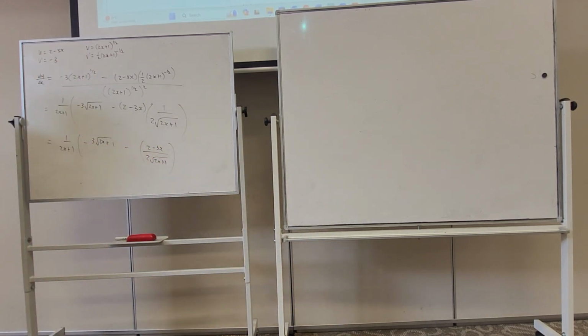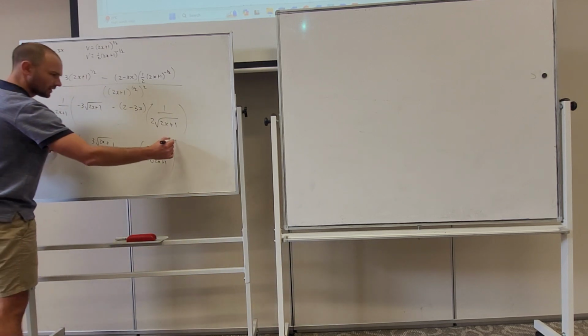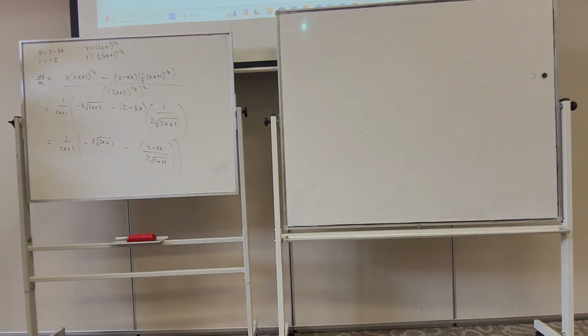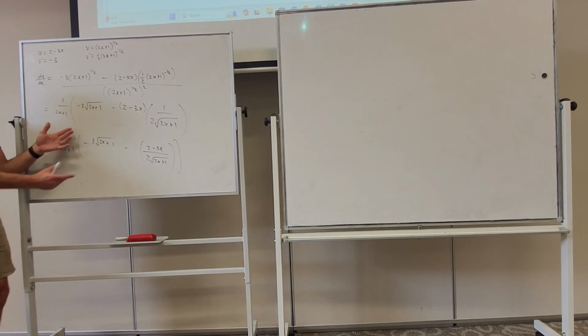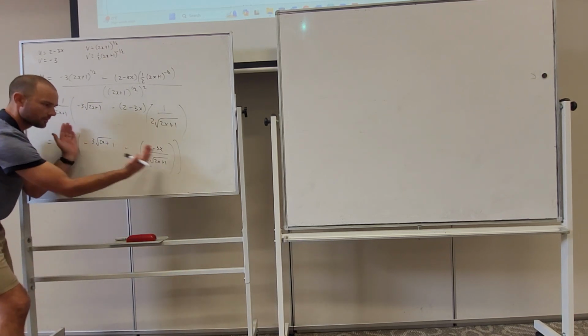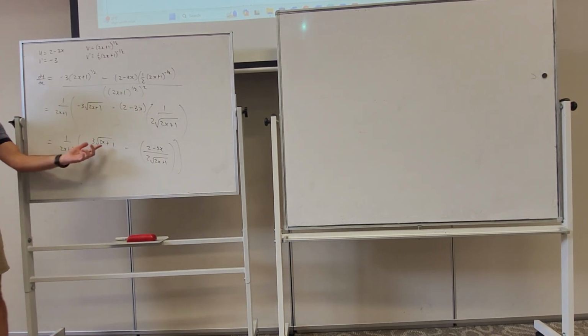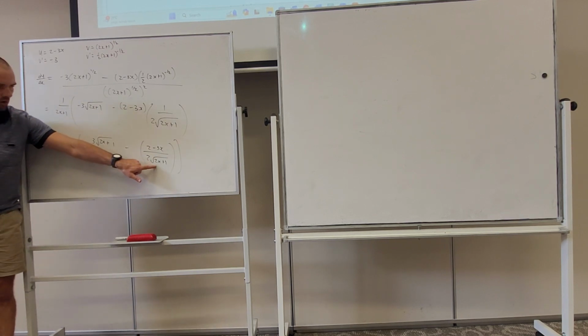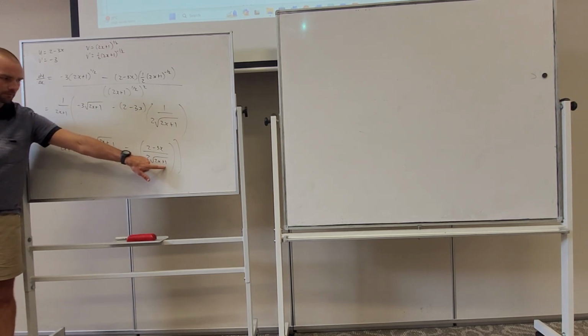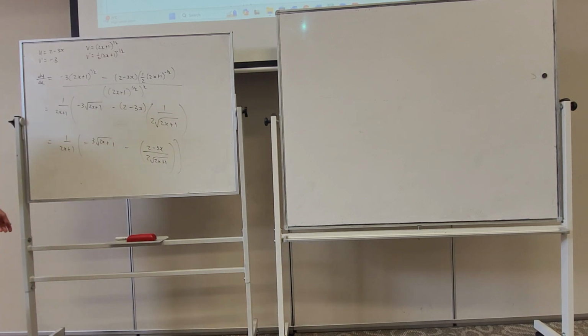All right. And so that out the front's really helpful, because now we don't have this mountain of fractions to deal with. And so if I want to combine these terms together, I need to make them have the same denominator. So the denominator over here is 2 on top of 2 times root 2x plus 1.